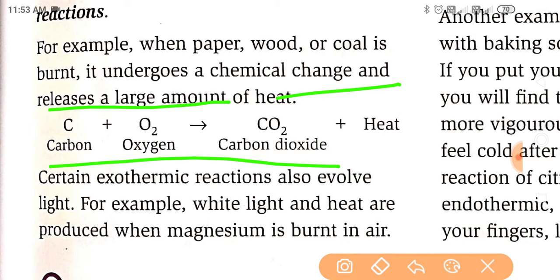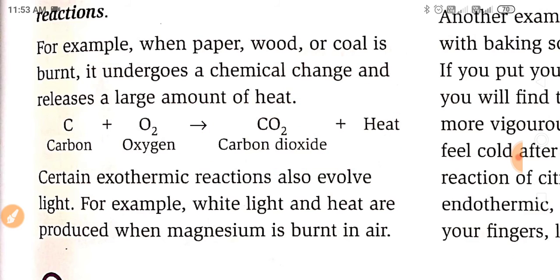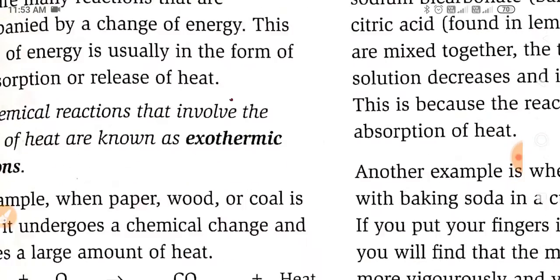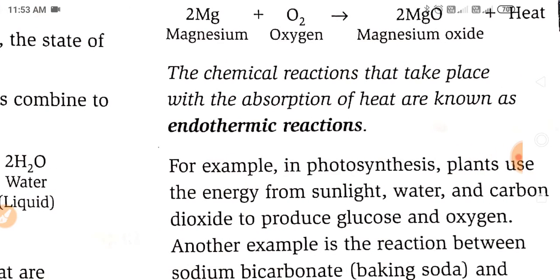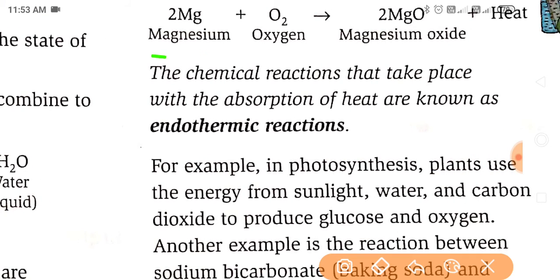Carbon plus oxygen: when we burn carbon, it forms carbon dioxide and heat is released in this process. Certain exothermic reactions also involve light. For example, light and heat are produced when magnesium is burnt in air. It forms magnesium oxide and a large amount of heat is evolved.